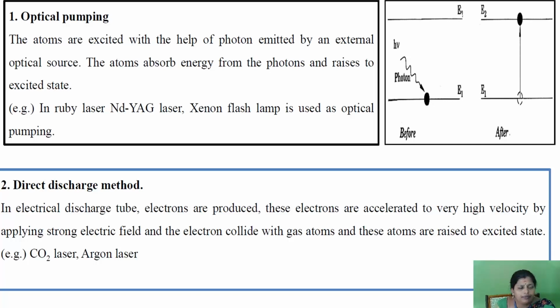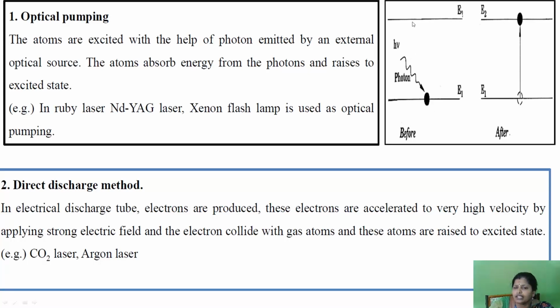Optical pumping: the atoms are excited with the help of photon energy. Light beams are emitted by an external optical source, and the atom absorbs this photon energy. After absorbing the photon energy, the atoms go to the excited state. That is pumping action. So before absorption, and that is after absorption.